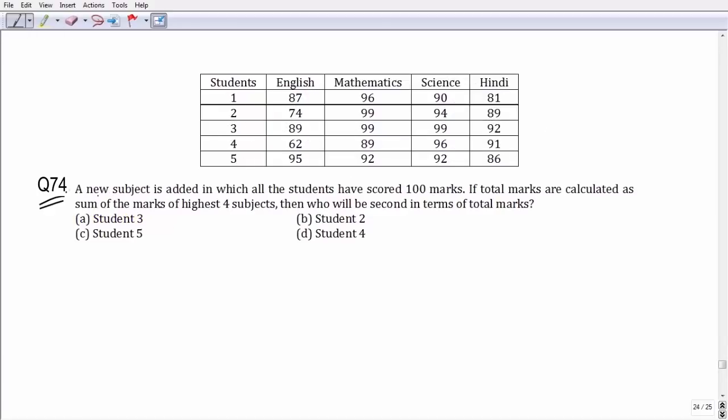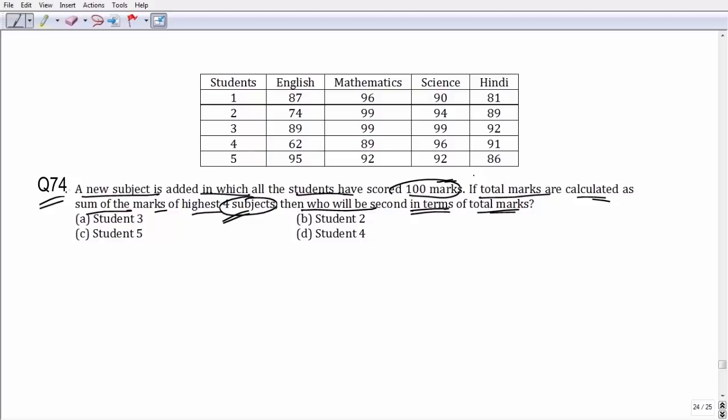It says that a new subject is added and in which all the students have scored 100 marks. If total marks are calculated as sum of the marks of the highest 4 subjects, then who will be second in terms of total marks? Now since we are comparing 4 subjects and one of those 4 subjects has 100 marks each for each candidate, that means we have to compare only top 3 subjects.